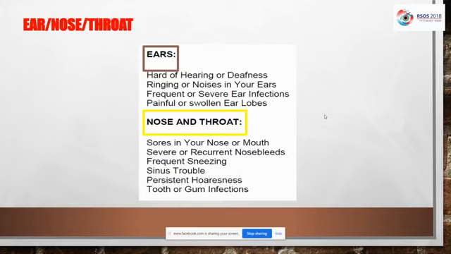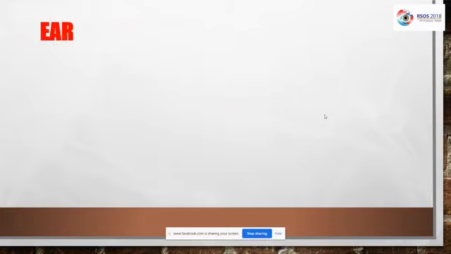So these are the symptoms you will ask about: any difficulty of hearing, any ringing or noises in ears, any frequent or severe ear infections, any swollen earlobes or inflammation, any nosebleeds, any sores in the mouth, any frequent sneezing, any sinus trouble, any persistent hoarseness, any tooth or gum infections. Based on these symptoms, you can correlate them with some etiologies of uveitis.